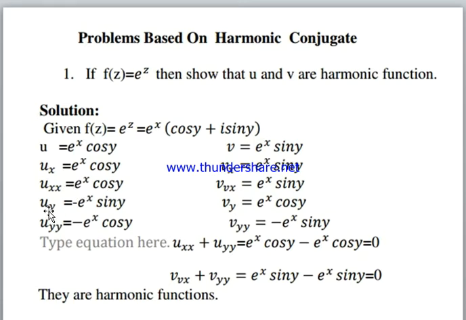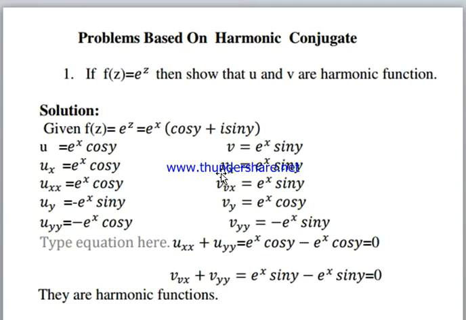Next, ∂u/∂y with respect to y: e^x is constant and the derivative of cos y is minus sin y. Next, ∂²u/∂y², that is u_yy, equals minus e^x, and the derivative of sin y is cos y, so minus e^x cos y.